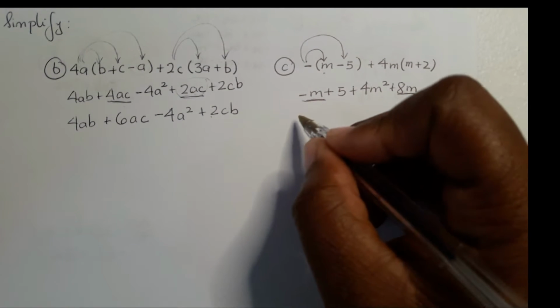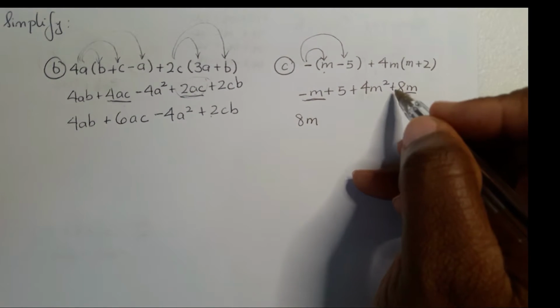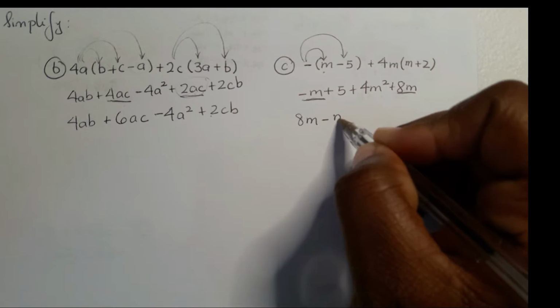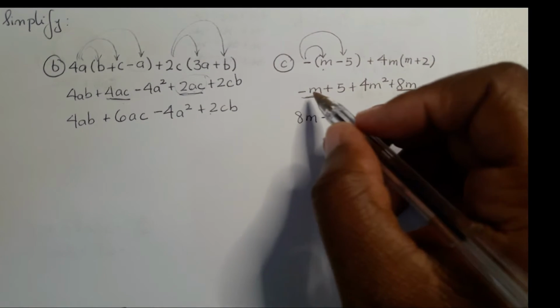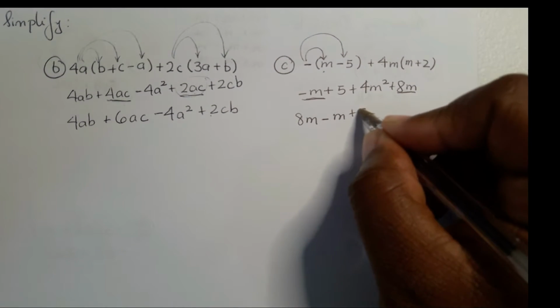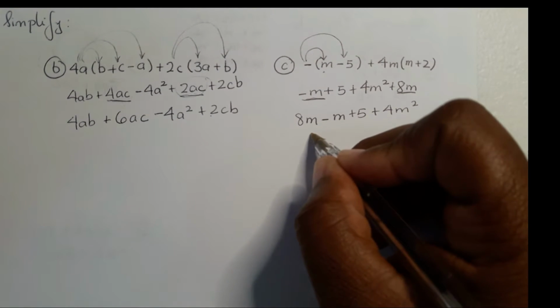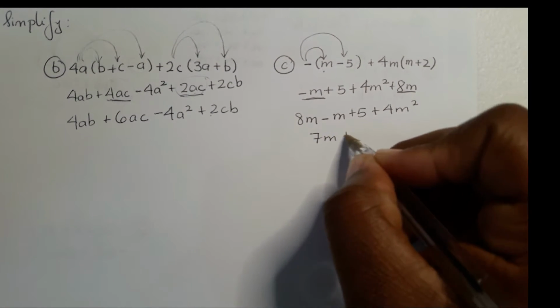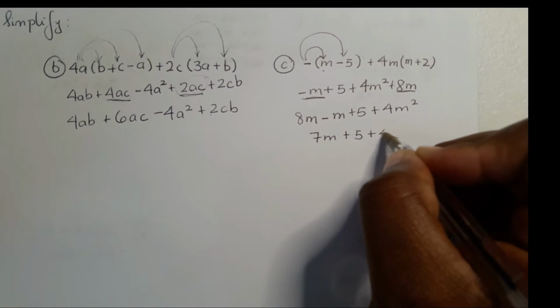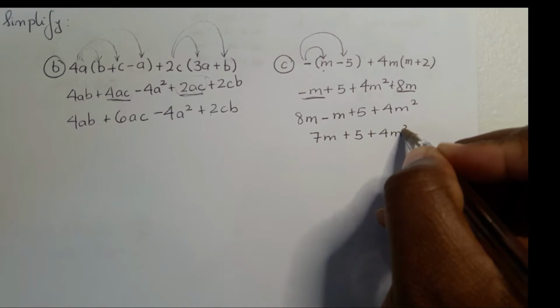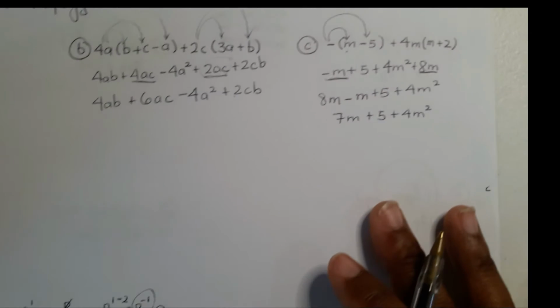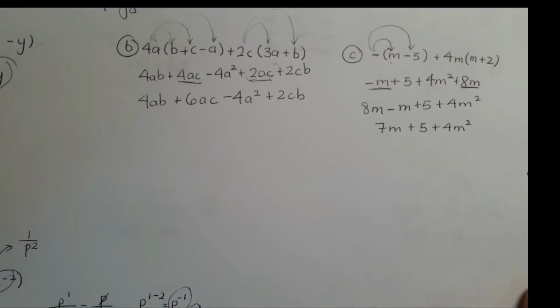So we could group 8m, which is positive, minus m. So you see the signs go with them. Plus 5 plus 4m squared. And this will give you 7m plus 5 plus 4m squared. And that will be our answer there.